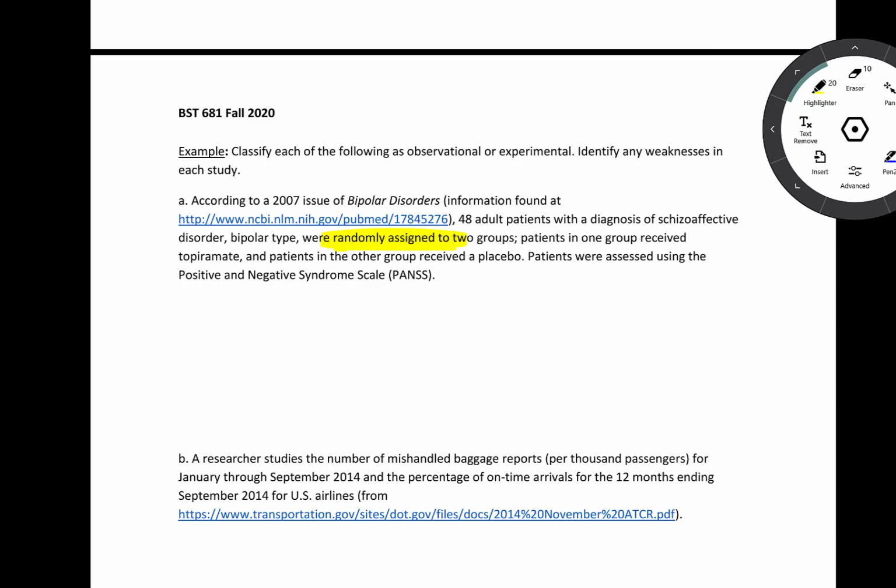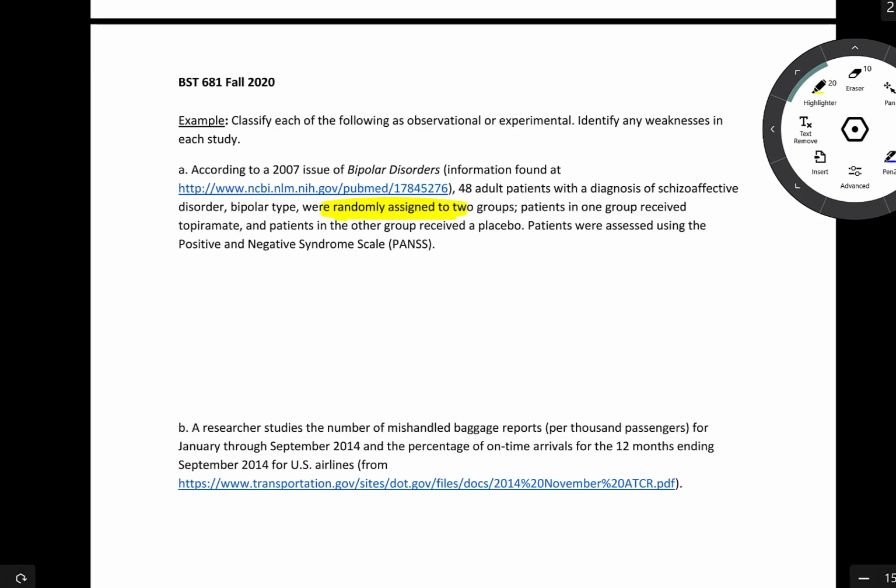So here we are hopefully going to be able to look at a cause and effect relationship comparing the treatment to the placebo. In other words, we'll be able to say whether or not the treatment is effective, but generalizing that to the entire population will be difficult because we haven't randomly selected our sample. And this is pretty standard, as most experiments are going to be set up this way.